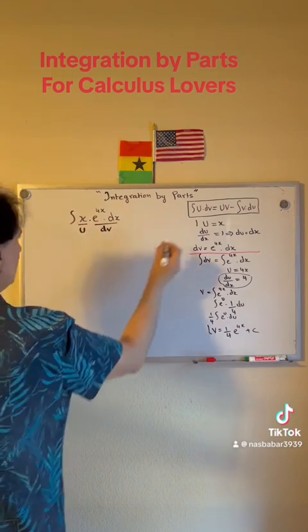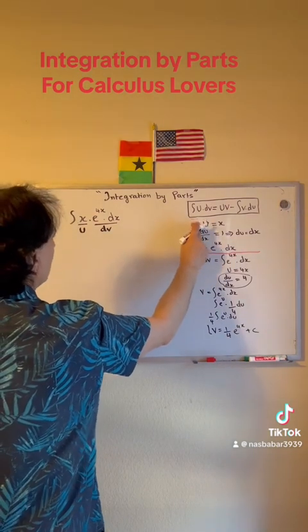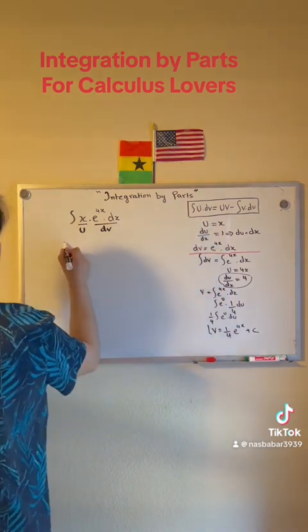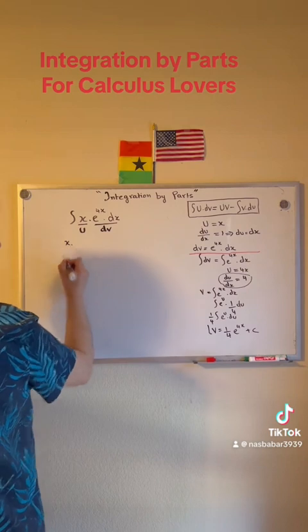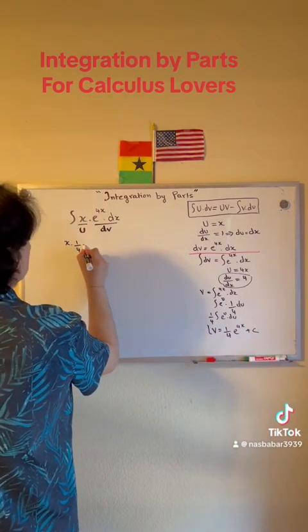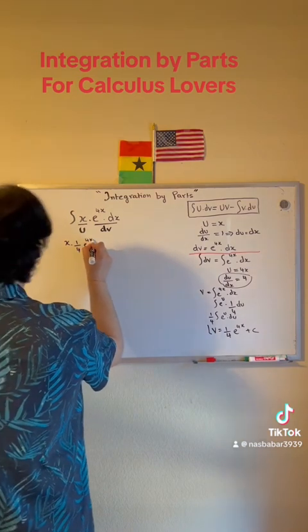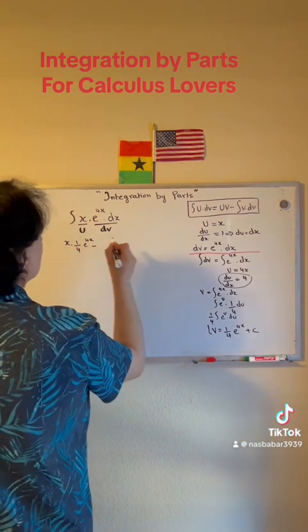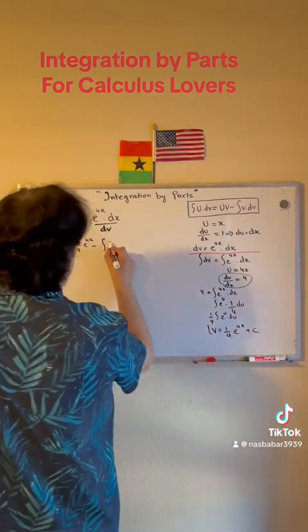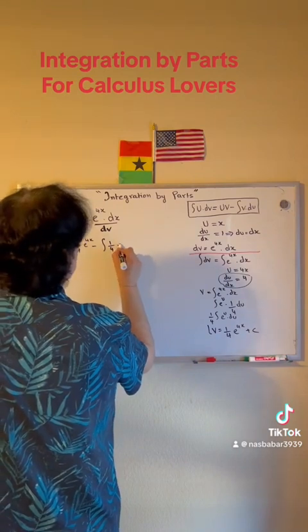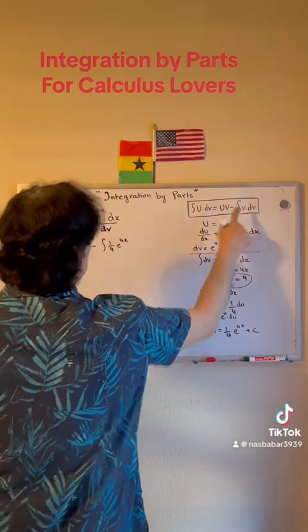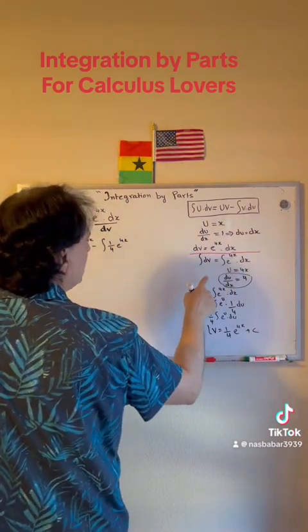U is right here, x, times v, which we just calculated, 1 over 4 e to the 4x, minus the integral of v, which is 1 over 4 e to the 4x, du.